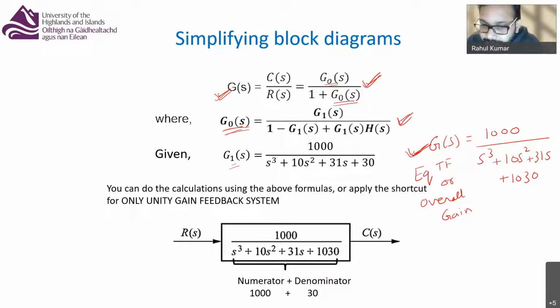The denominator of my equivalent transfer function G of S will be numerator plus denominator. If you add them together, you get 1030, and that is the same answer you get from the calculation here. So this is just a verification method for a unity gain feedback system.